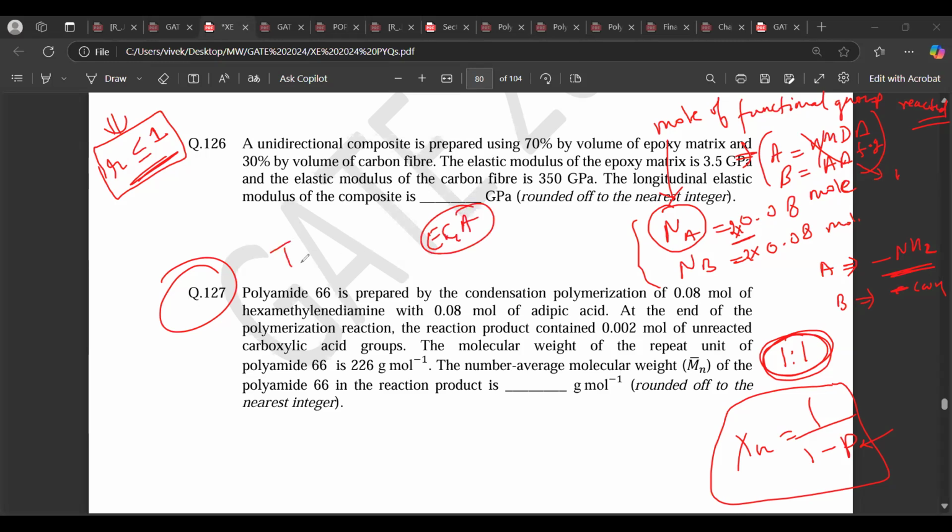So we do the titration technique. I've already taught it in the test series, but I don't know whether you remember it or not. End group analysis. Let's say in the remaining, how many COOH are left? This many unreacted COOH, right? If acid remained, what will we do?